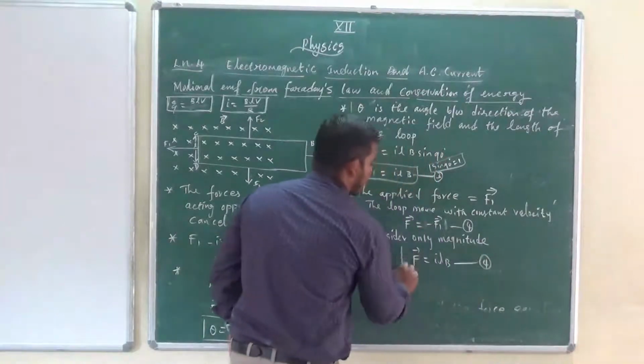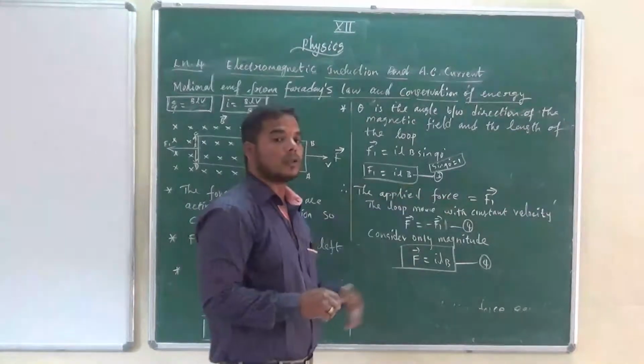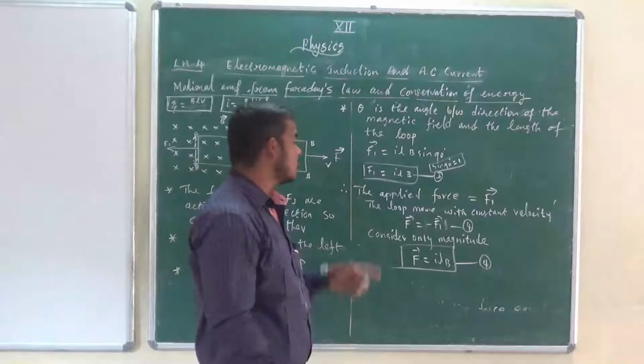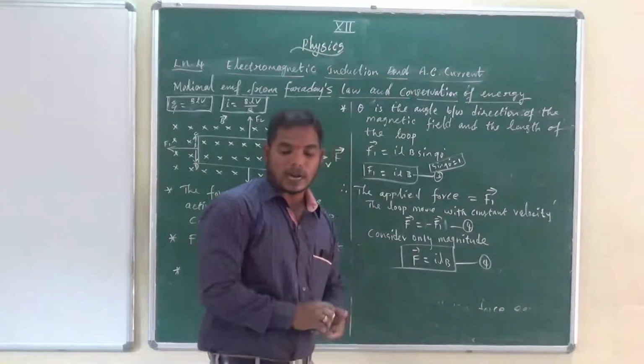How is equation 4 obtained? Because the applied force must be equal to the deflecting force when the loop moves with constant velocity.